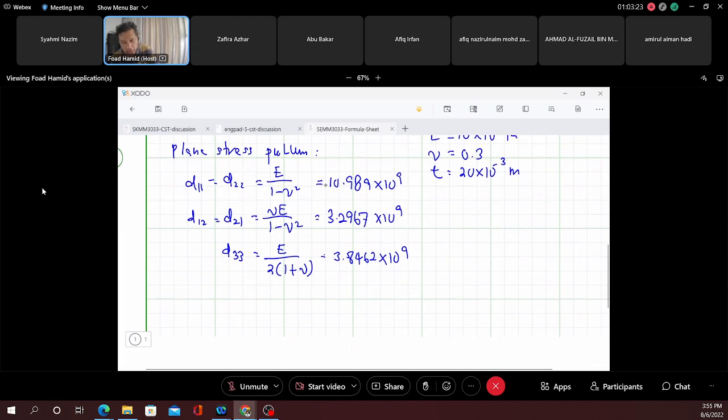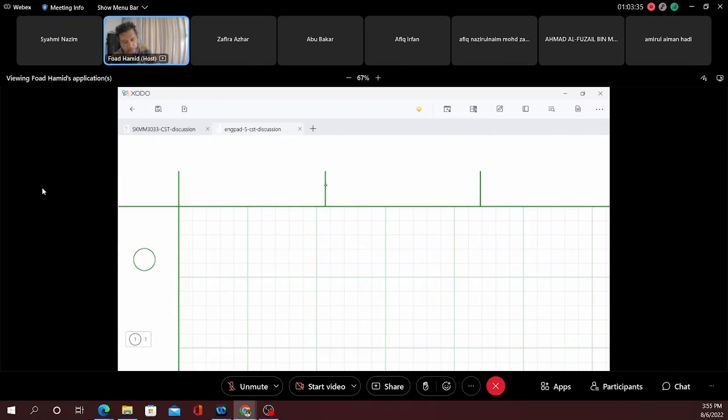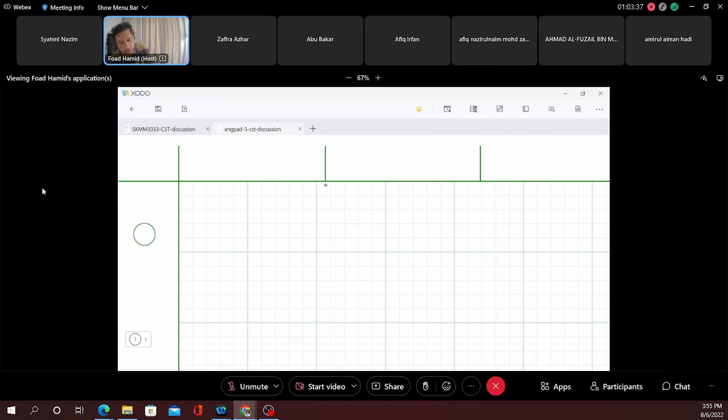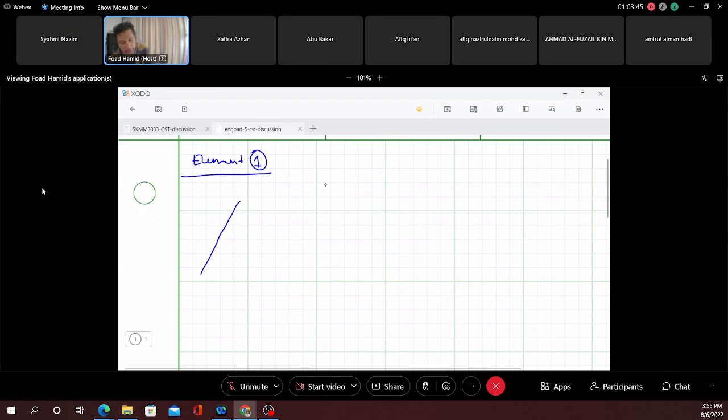Okay, so note that because the formula requires the use of D, we have to use that. And now let's look at the second one. So let's look at element number 1. So we know that element number 1 is this. Okay, this is element number 1.